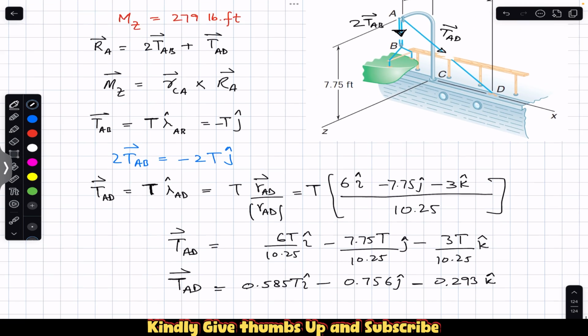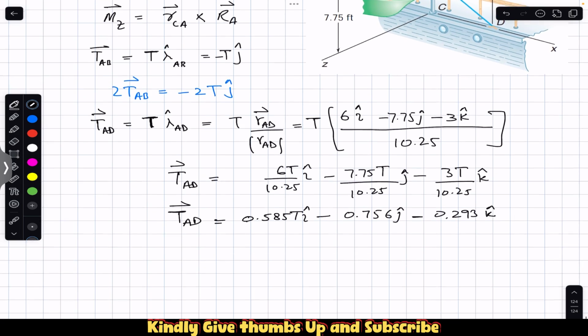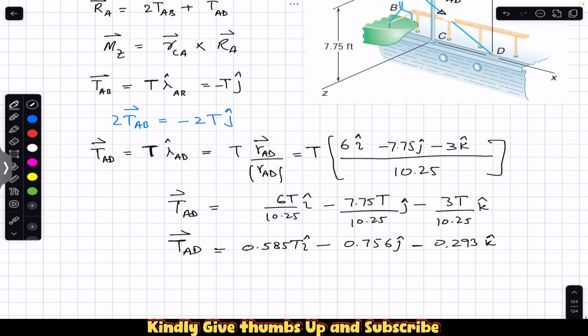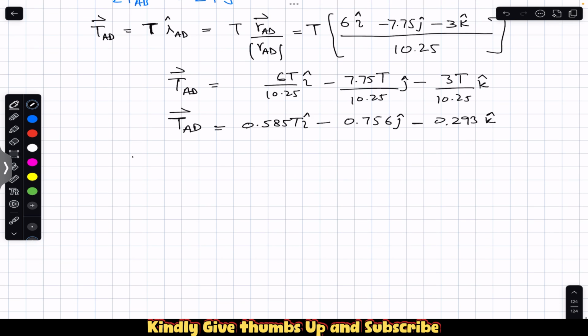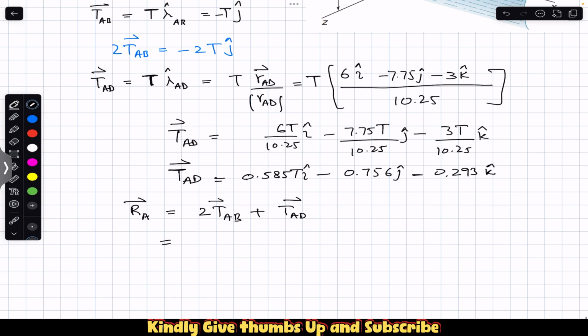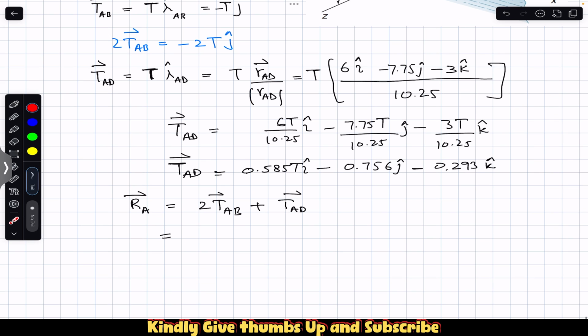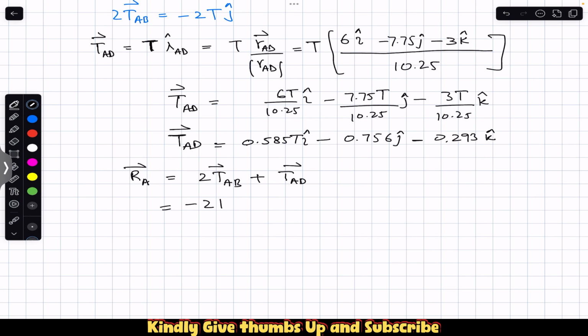So now if you find the resultant, we can say that the resultant at A vector will be equal to 2 times T_AB plus T_AD. Now we know 2 times the T_AB vector is minus 2Tj. We can say minus 2Tj plus this vector.